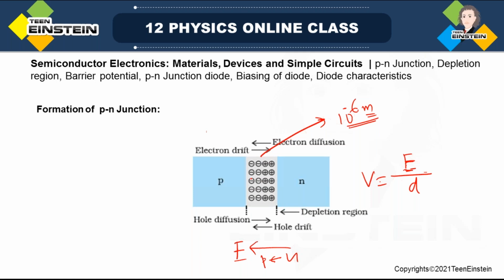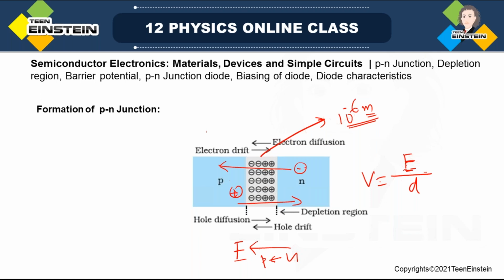Now you can see, due to diffusion, electrons were going from the n to the p side, and holes were diffusing from the p side to the n side. That motion of charge carriers constitutes a current, since the holes, positive charges, effectively move toward the n side, and electrons move to the p side.